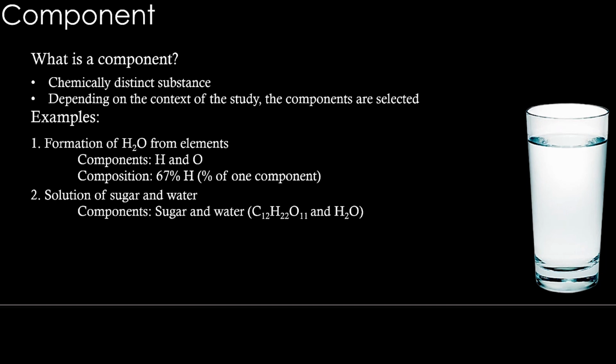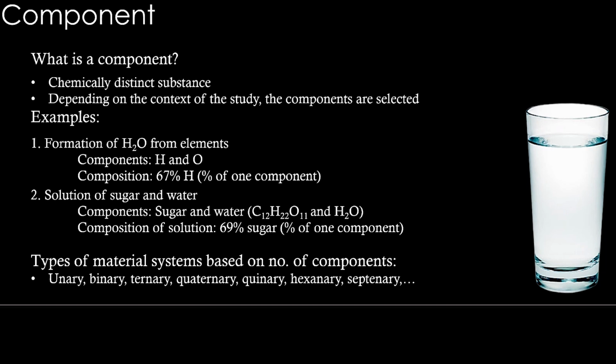In that way, composition of this solution is represented in terms of percentage of one of these components, that is sugar in this case, say 69% of sugar. So the component is selected based on the context of the study. That is important. Based on these components, the material systems are classified.